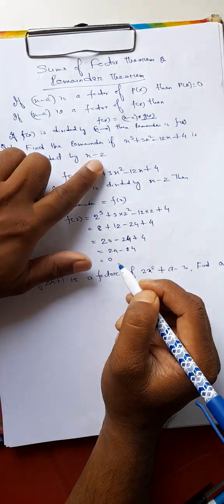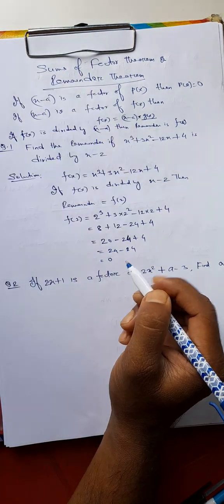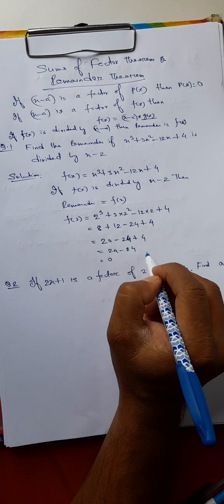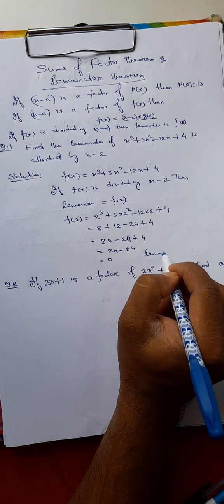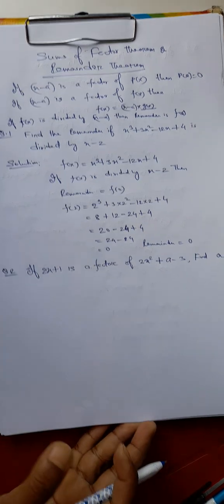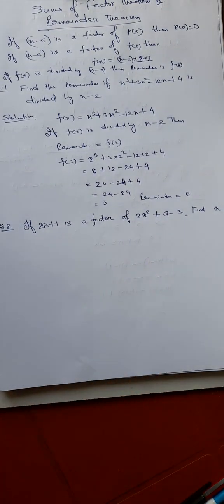That means x minus 2 is a factor of this polynomial. Remainder is 0, right? So the answer: remainder equals 0. This is the answer. Now let's solve another question.